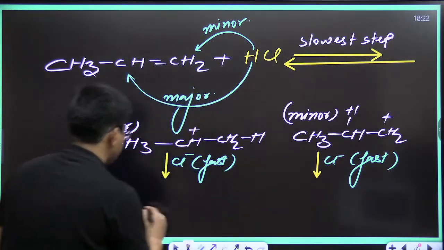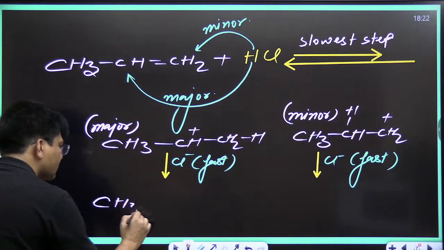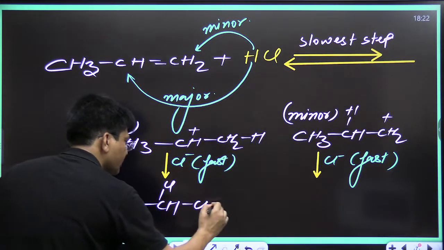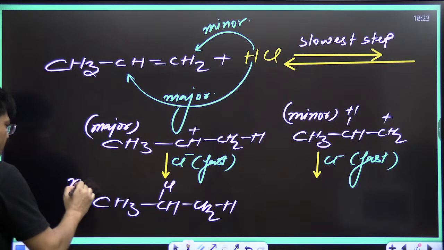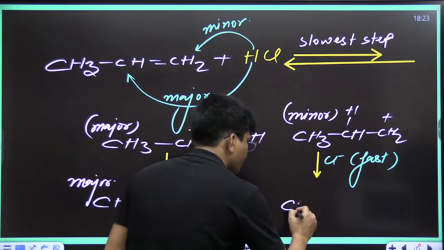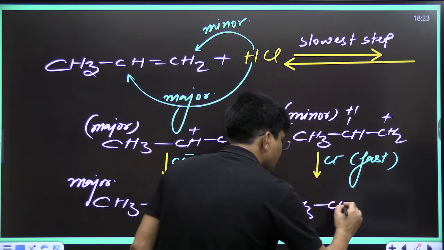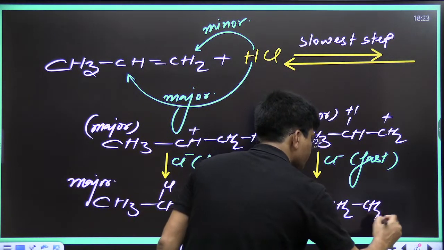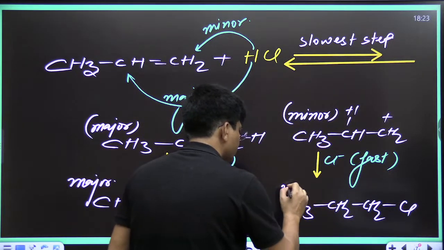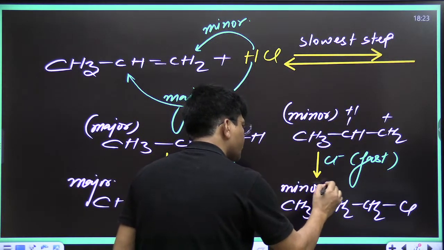We will get one product like this, ClCH2H. This is your major product. Now CH3 CH2 CH2 Cl. This is your minor product.